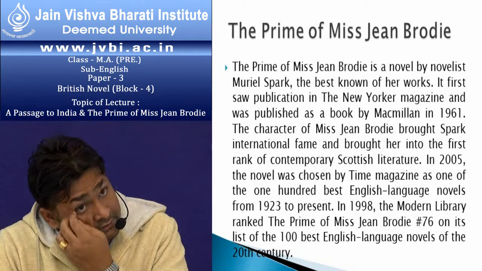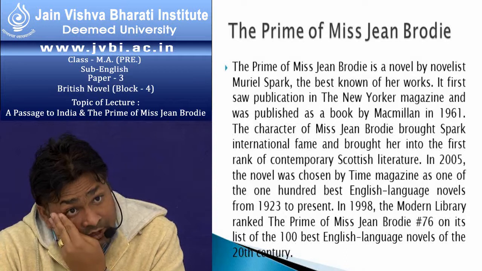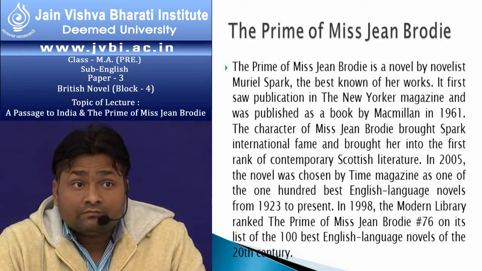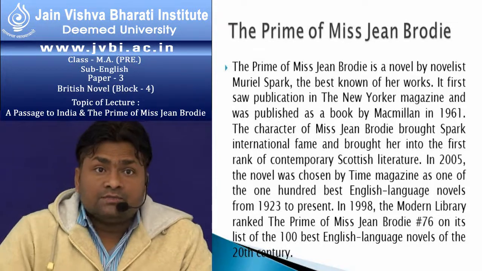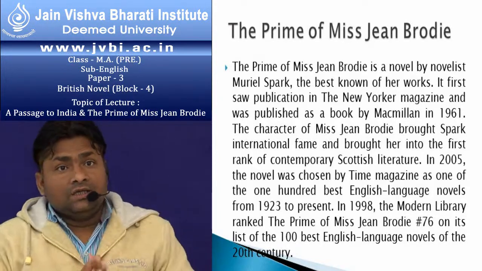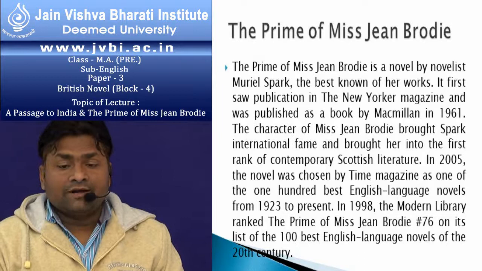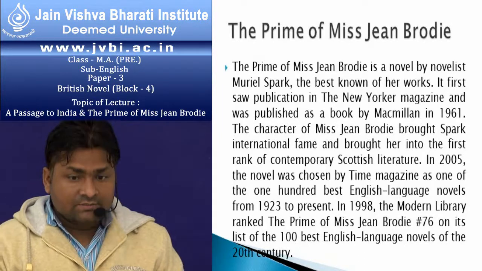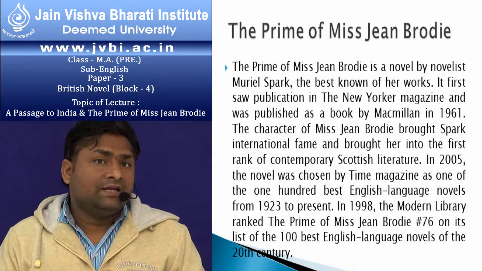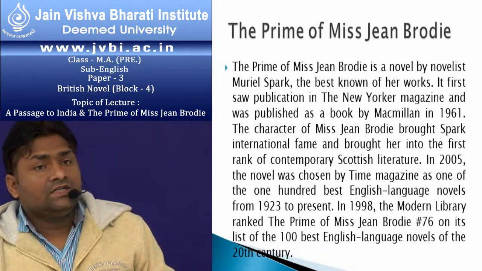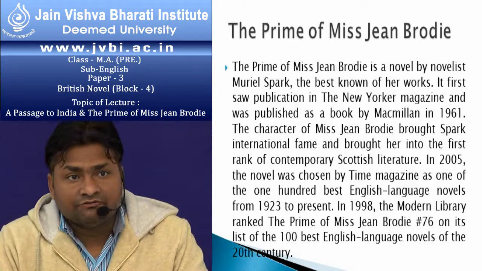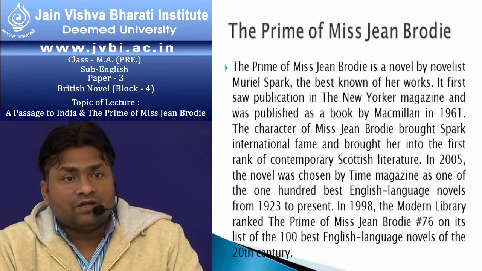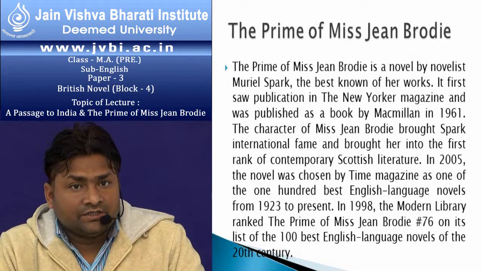So, as we were saying, my dear friends, The Prime of Miss Jean Brodie is the best-known work by Muriel Spark, and it was first published in the New Yorker magazine, and later in book form by Macmillan in 1961. The character of Miss Jean Brodie brought Spark international fame and brought her into the first rank of contemporary Scottish literature.